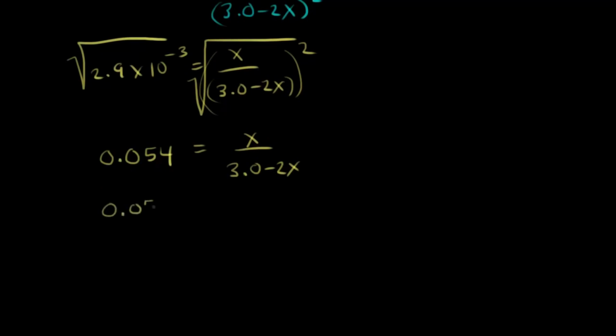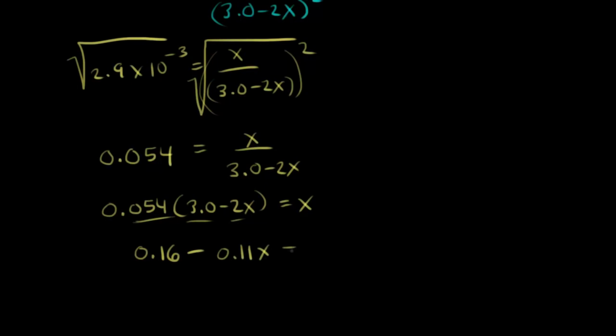So we can multiply both sides by 3 minus 2x. We need to multiply 0.054 by 3, and if you round that, you're going to get about 0.16, and 0.054 times 2 is approximately 0.11. So we have 0.16 minus 0.11x is equal to x.